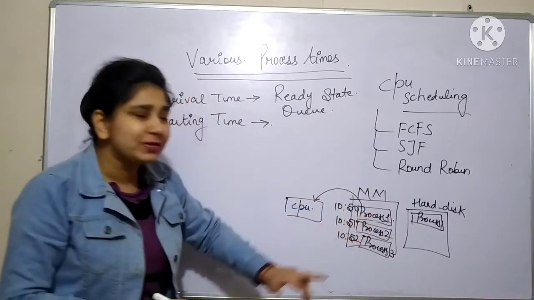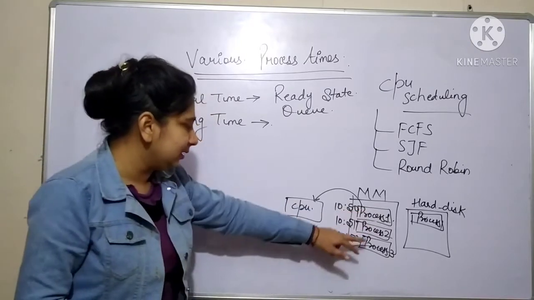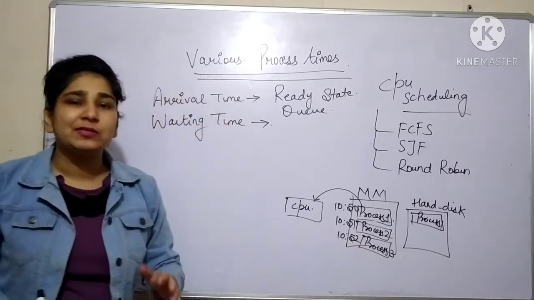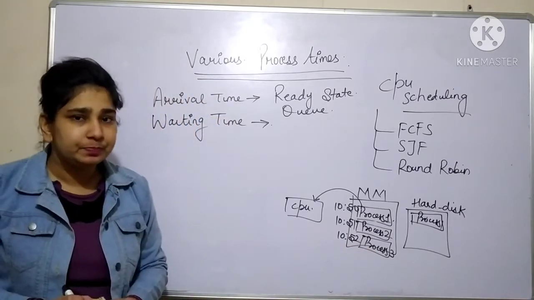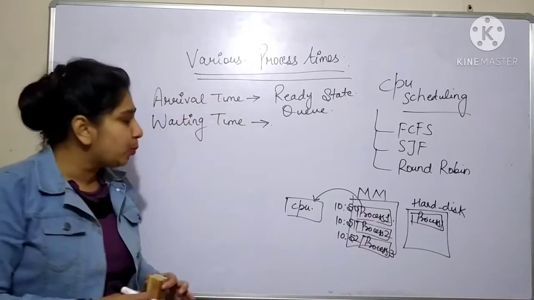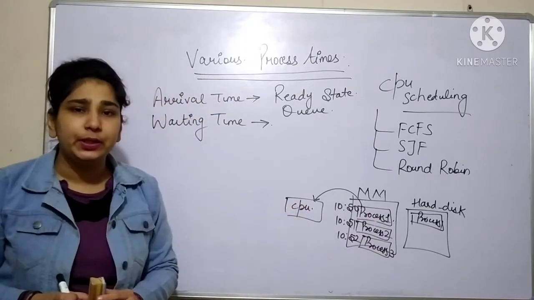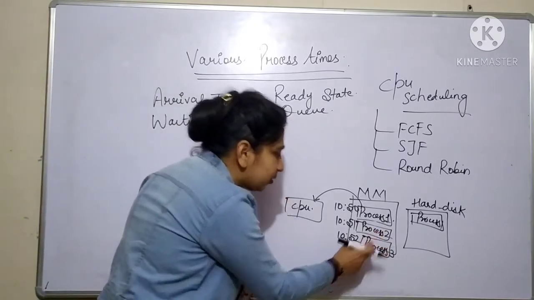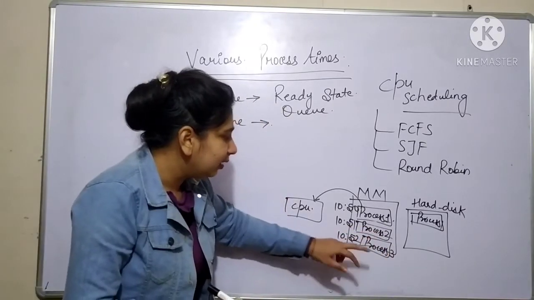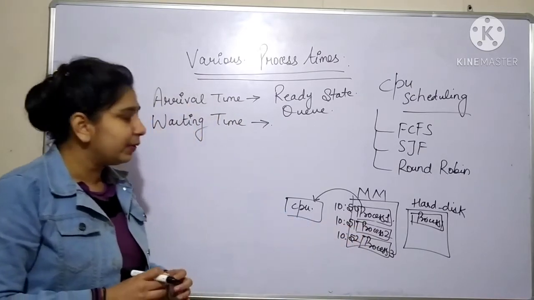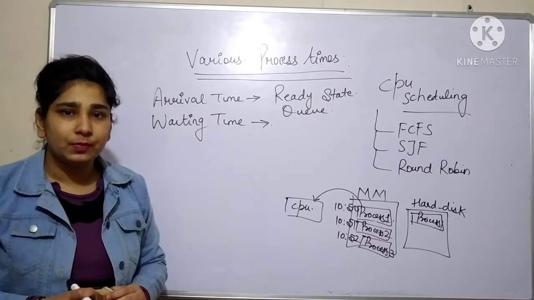Let's suppose process 1 is MS Excel, process 2 is MS Word, and process 3 is Media Player. When process 1 is getting executed on the CPU, the other 2 processes are waiting in the ready queue.